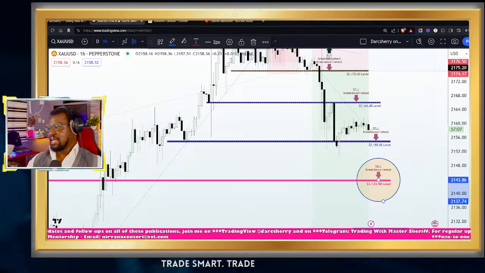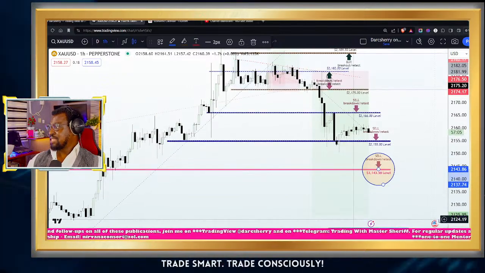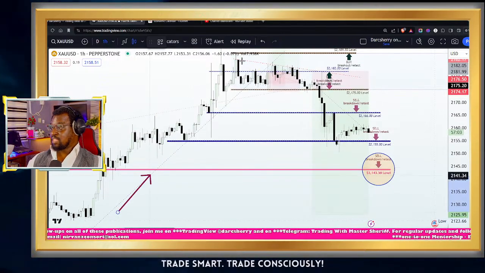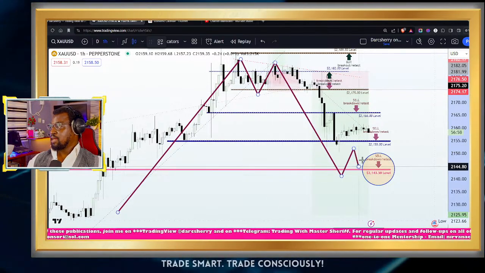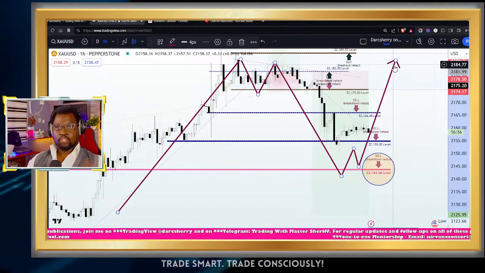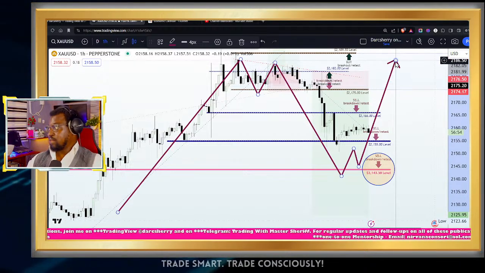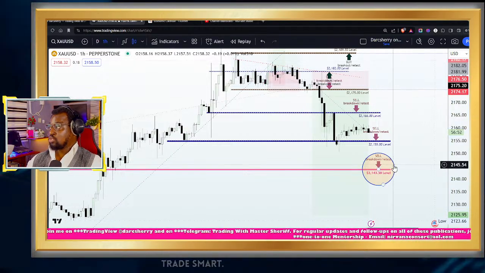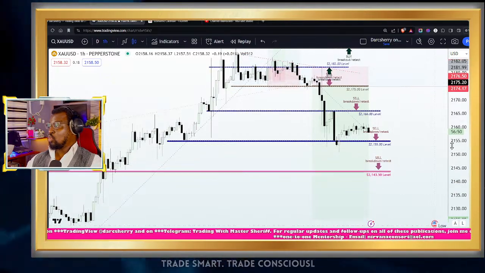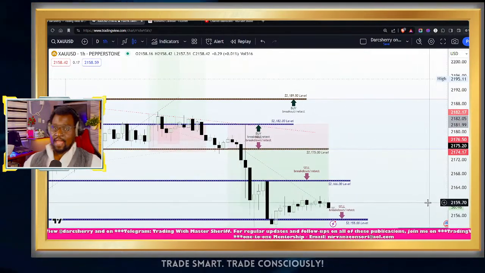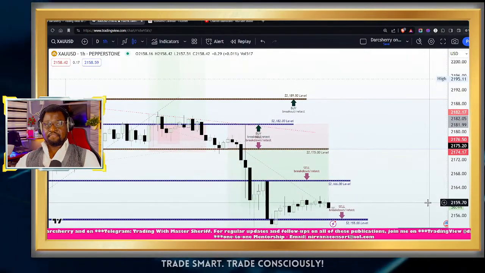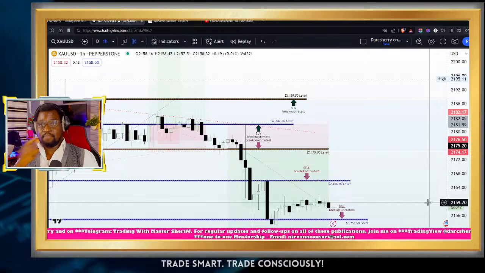And technically, when price breaks out of a key structure like this, we expect at some point price may come back to retest the structure in an attempt to continue the uptrend move. So let's see how the market will react if it ever comes close to the $2,143.50 level today.